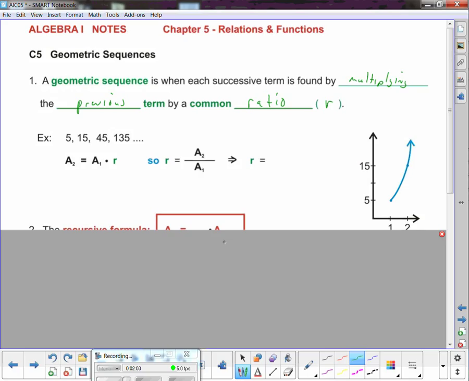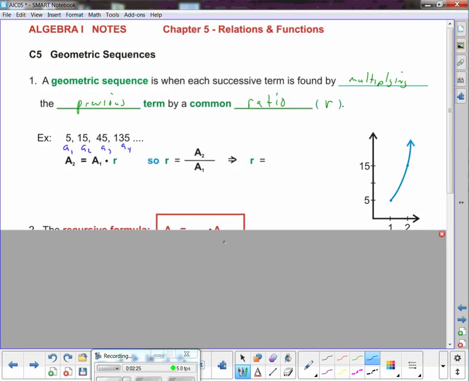Now, just remember a few things. The first term is a sub 1, the second term is a sub 2, the third term is a sub 3, the fourth term is a sub 4, et cetera.